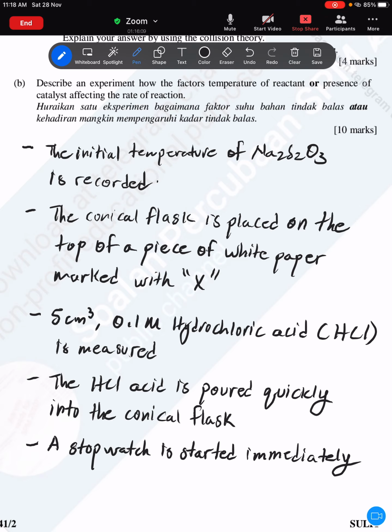Hurry up, screen capture or write it down. We still have many steps, because it is 10 marks, so you do it one by one, each of it. Done? Okay, done. If done, I'm going to erase this.